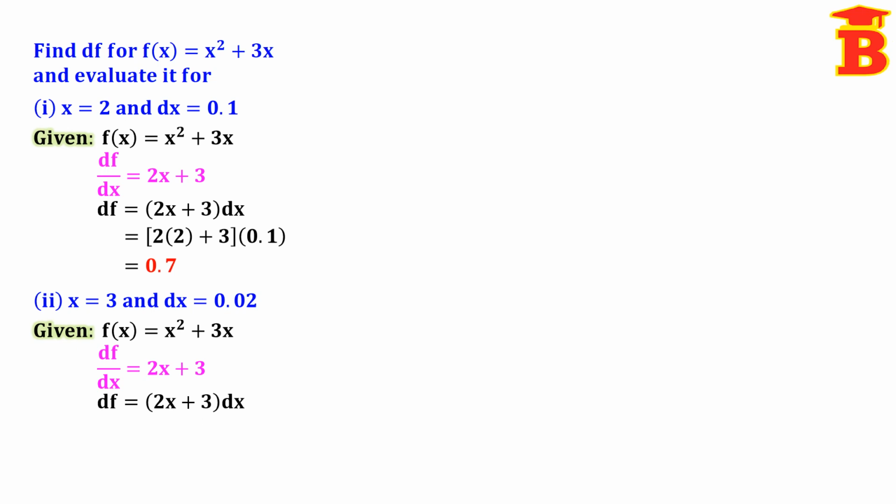Now substitute the given values. In this second subdivision, the values are x is equal to 3 and dx equal to 0.02. So 2 into x value 3 plus 3 into dx value 0.02. 2 into 3 6, 6 plus 3 9, 9 into 0.02, that is 0.18.